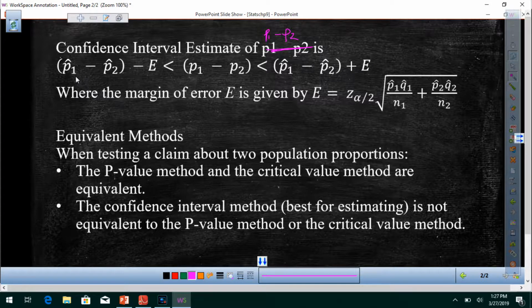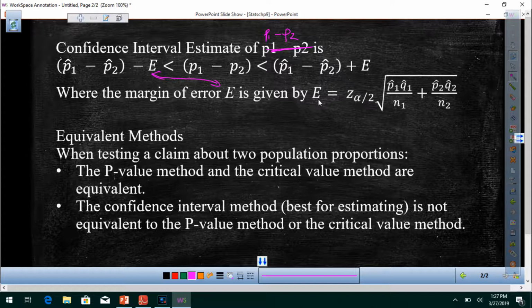It's P hat sub 1 minus P hat sub 2 minus E, which is less than P sub 1 minus P sub 2, which is less than P hat sub 1 minus P hat sub 2 plus E, where the margin of error E is given by Z sub alpha over 2 times the square root of P hat sub 1 times Q hat sub 1 divided by N sub 1 plus P hat sub 2 times Q hat sub 2 divided by N sub 2.